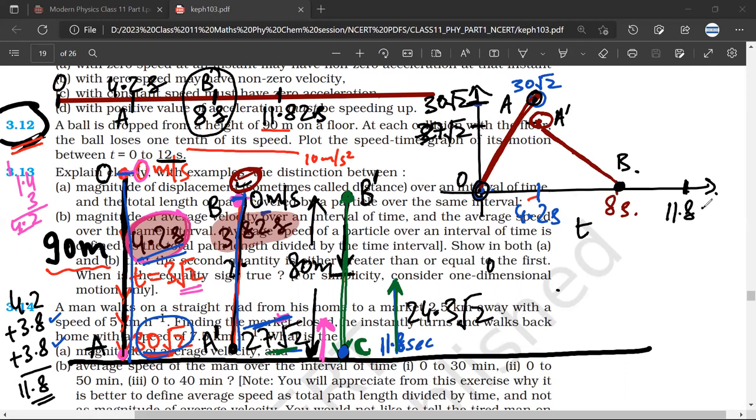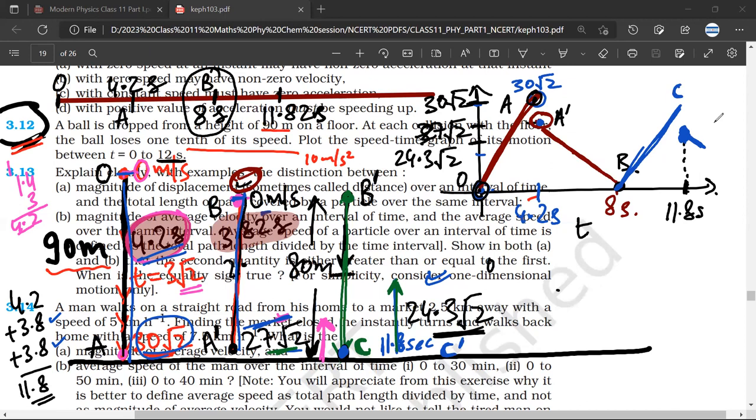At 11.8 second I will reach point C, and then at C it rebounds. This would be point C dash, where it rebounds at 24.3. So it will rebound from here, and again it will look something like this. Avantika, is it making sense?